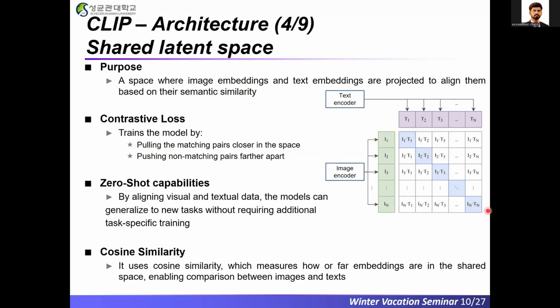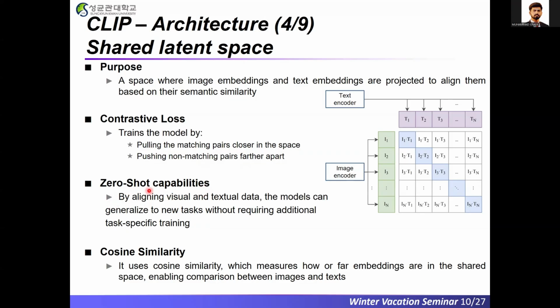This shared latent space is trained using contrastive loss. It trains the model by pulling the matching pairs closer in the space and pushing the non-matching pairs farther apart. We will see how it does this in the next slide. This gives the model zero shot capabilities.